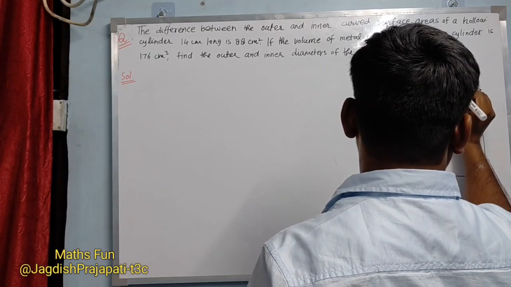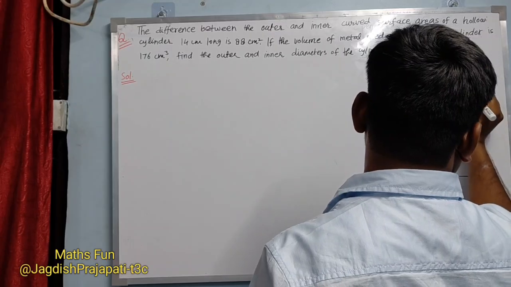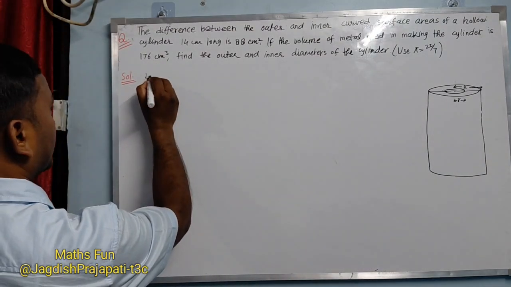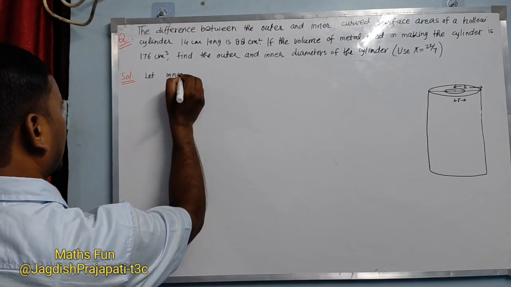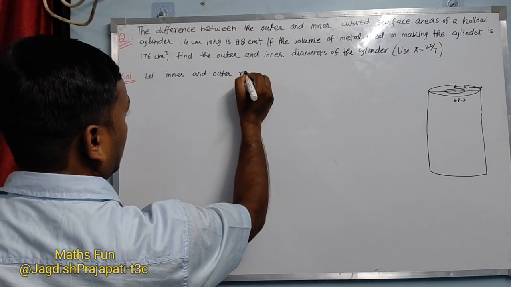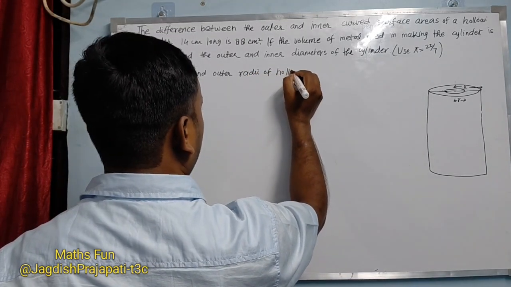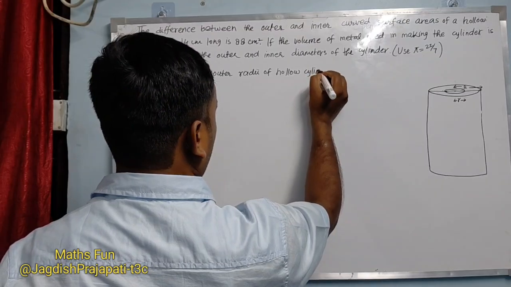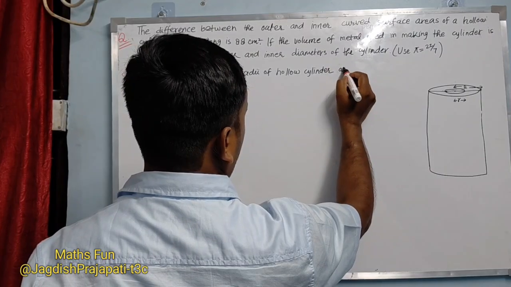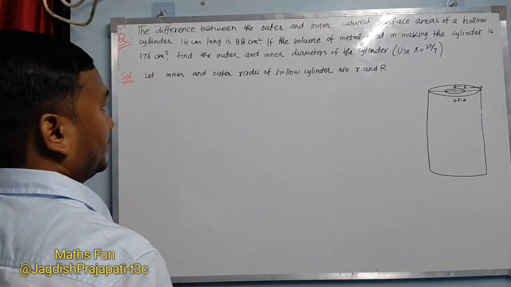So let's say the inner radius is small r, and the outer radius is capital R. So let the inner and outer radii of the hollow cylinder be small r and capital R.